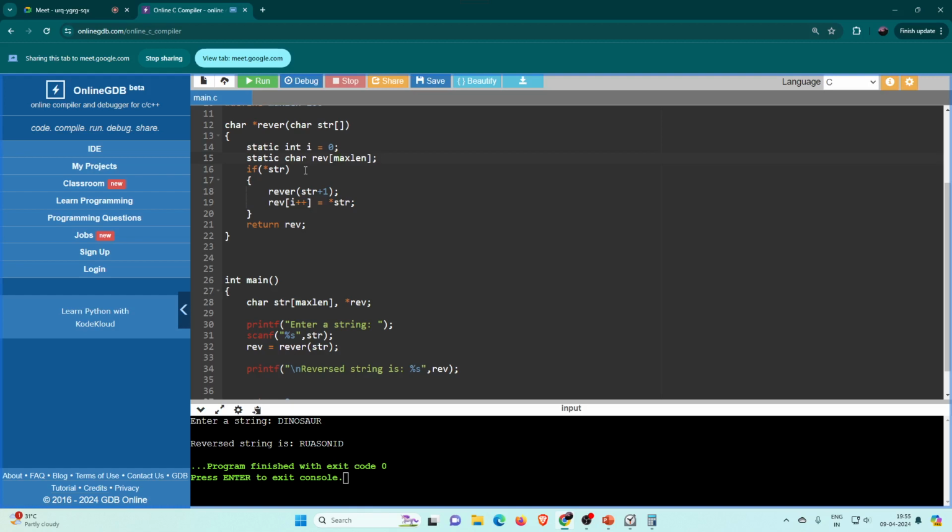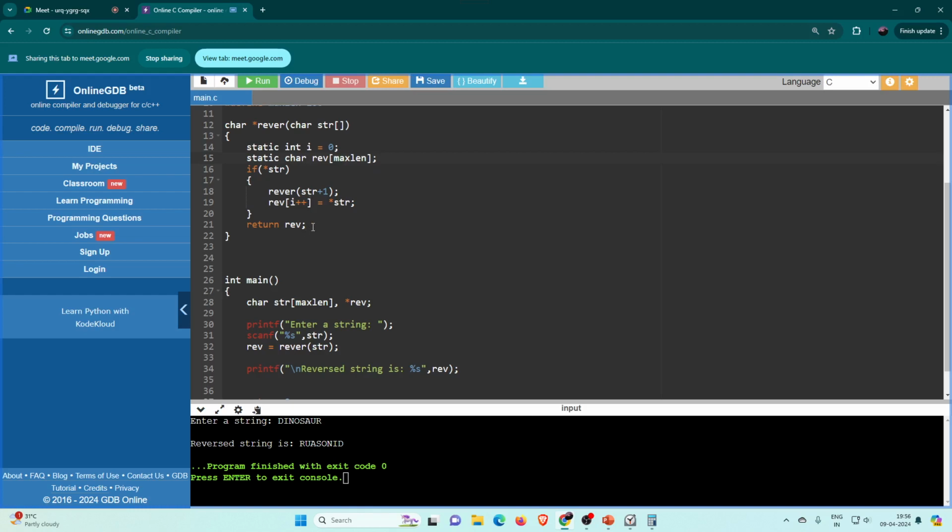String is an array, so it is passed as an address, so I have to check that its address is not 0. That is why I write star here, it's not null. Then I'll call the same function on the next element, and I'll also increment it by 1. I'll keep calling the same function on the next element till this if becomes false.